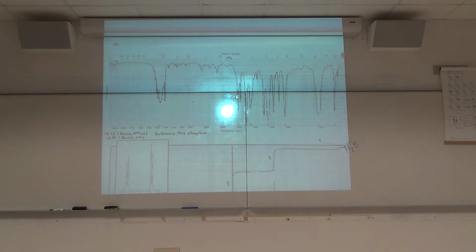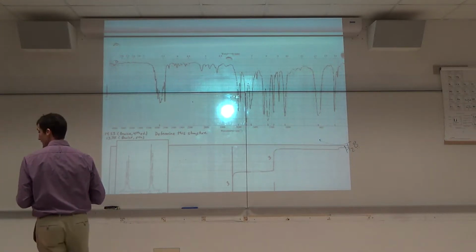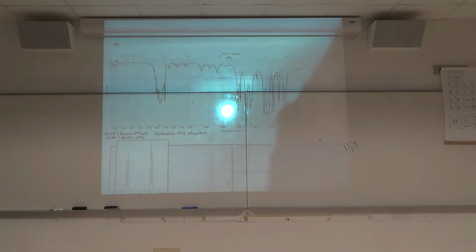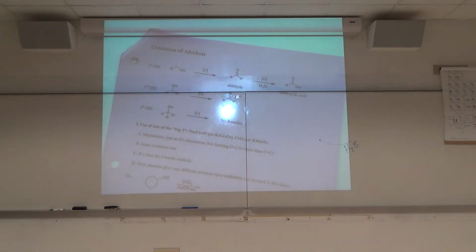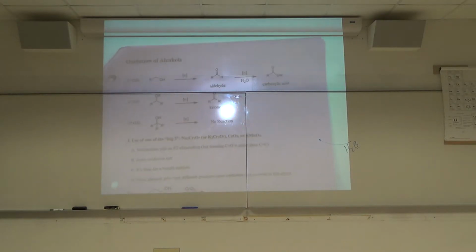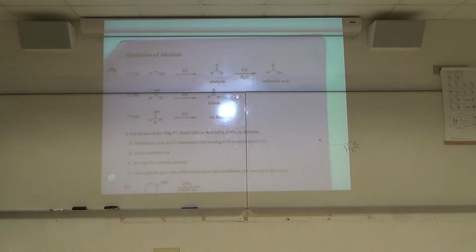So is that something that we do? Okay, let's not look at NMR. Well, no, I expect you to do that on your own. Let's look at oxidation of alcohol.